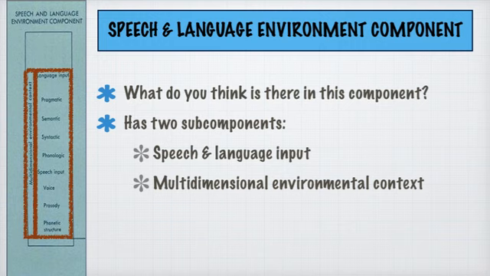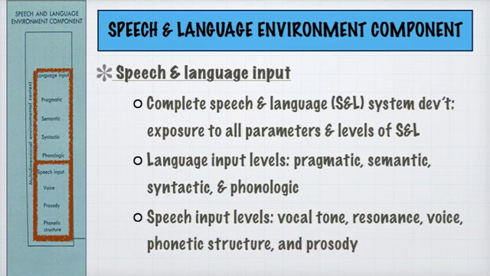So basically, this has two subcomponents of the environment component: the speech and language input and the multidimensional environmental context. Let's go to the speech and language input first. This basically means the complete speech and language system development, exposure to all parameters and levels of speech and language.